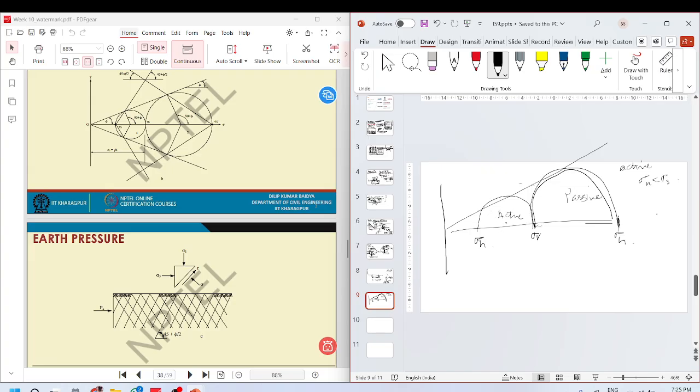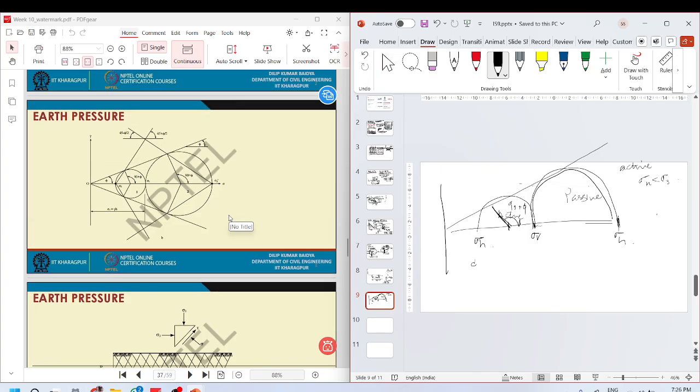Basically, in your active case you will have this 45 plus phi by 2, which will be equal to this.